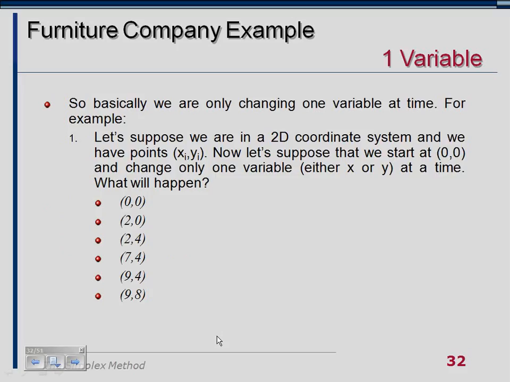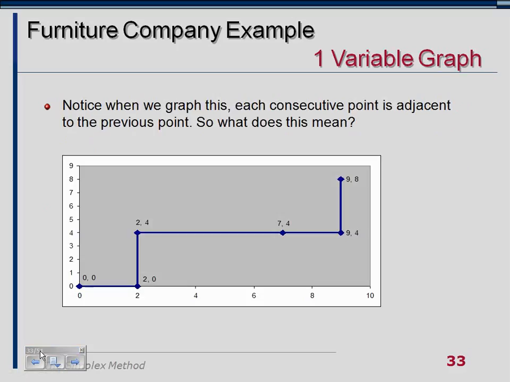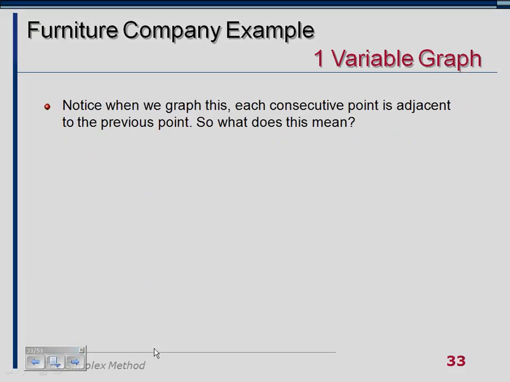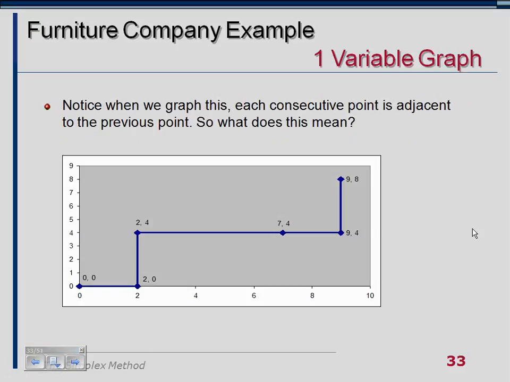Okay? So if I were to go in and graph these, here's what I get. I get a graph that looks like this, okay? It's just a stair step, okay? But there's something important about this: if I look at each one of these sequential solutions, they're adjacent to one another, okay?